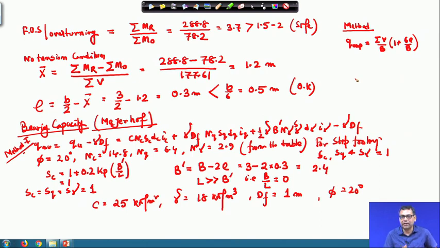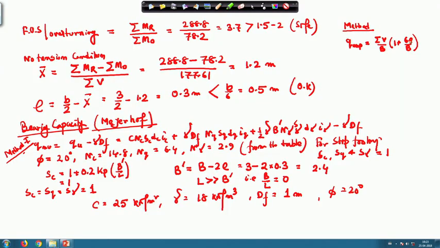But remember that during the calculation of net ultimate bearing capacity, you should not use B dash, you have to consider only B.